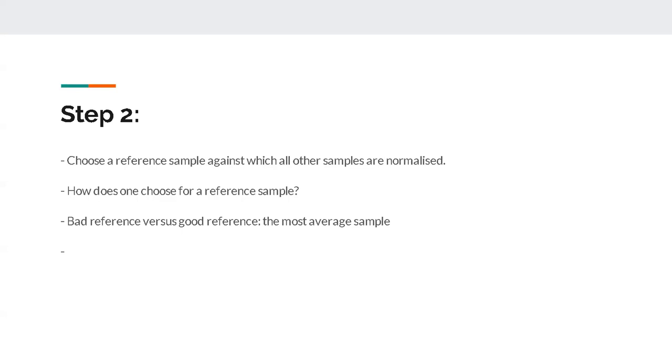Imagine there is a sample which has almost all the genes as zero, except 2 or 3 genes which are really being expressed. That would be a bad sample, because you want to take the set of genes which would be the most average as compared to all the other samples, and that would then be used to normalize all the reads in all the other samples.